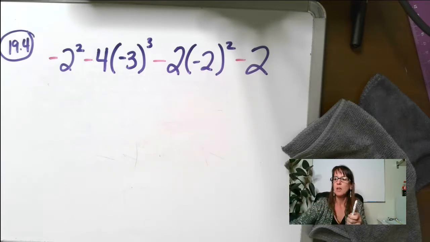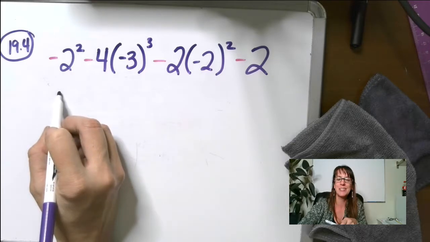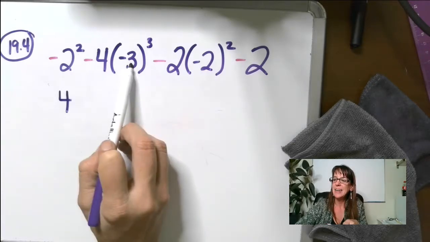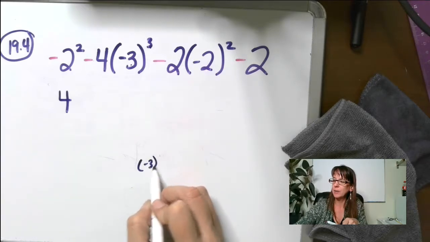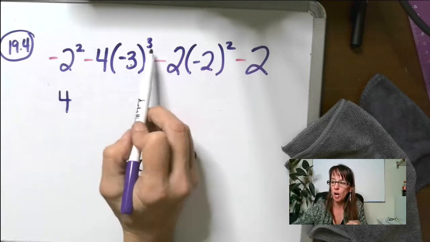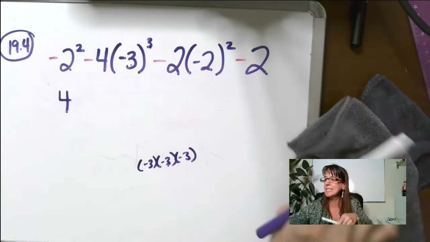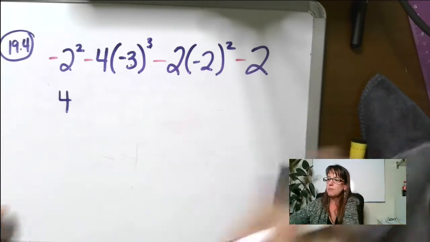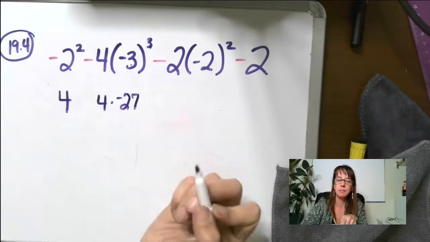So 2 to the 2nd power is 4. Negative 3 to the 3rd power, side work: negative 3, negative 3, negative 3. This is odd, so it's going to be a negative number. 3 times 3 is 9, times 3 is 27, so that's 4 times negative 27.